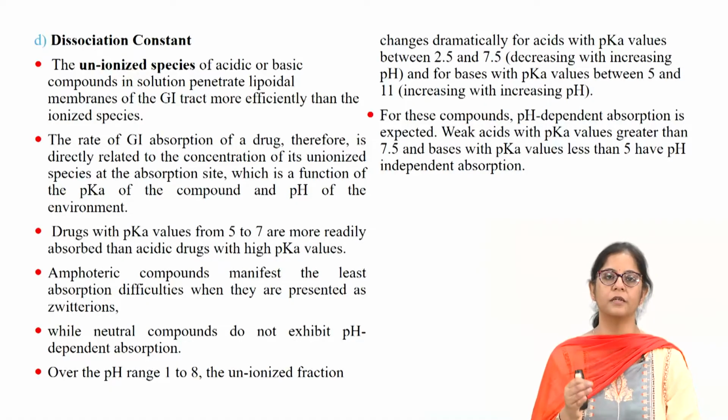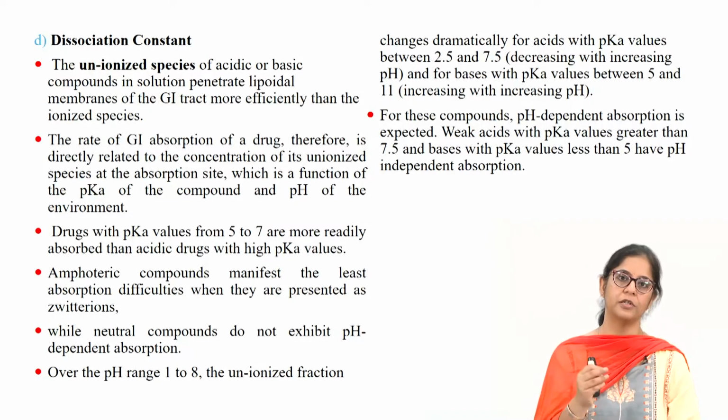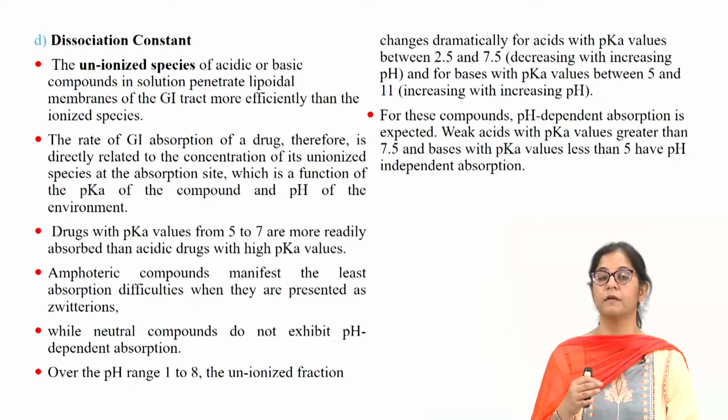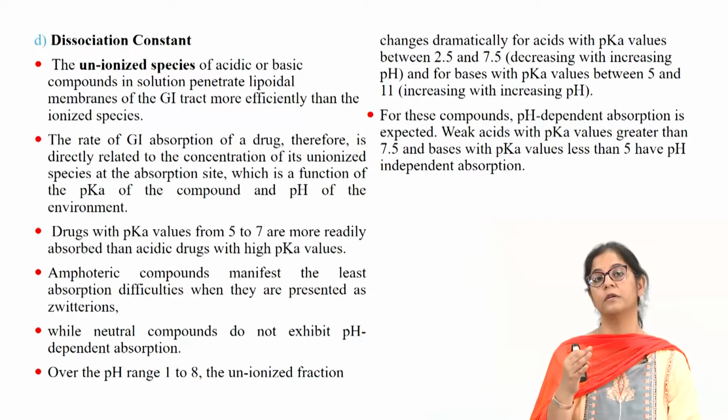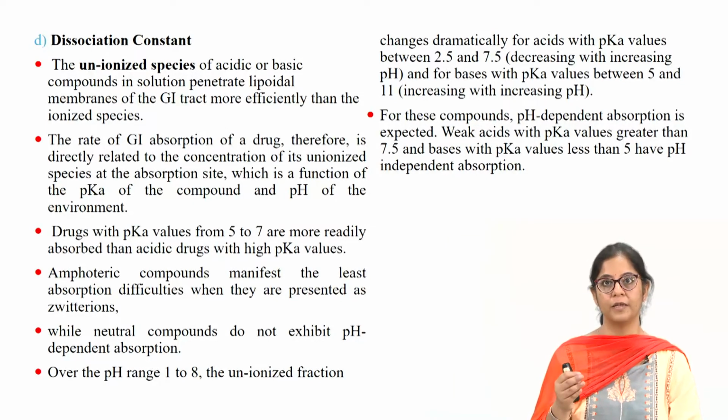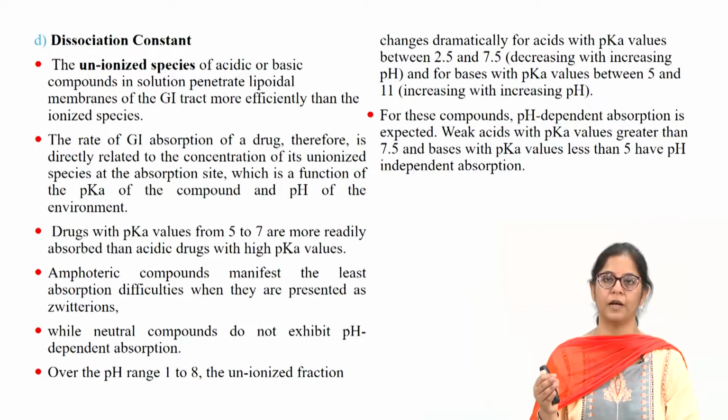Now, pH is an important factor which influences the rate of ionization of a specific drug. So, we have seen in the pre-formulation studies that pKa is evaluated for the drugs to find out the pH at which it is likely to be ionized. So, basic drugs with pKa values from 5 to 7 are more readily absorbed than acidic drugs with high pKa values.